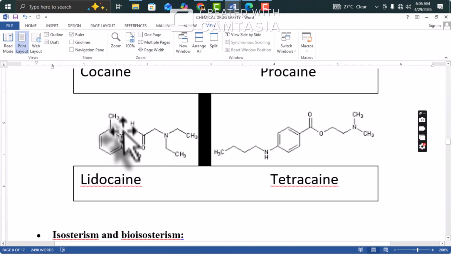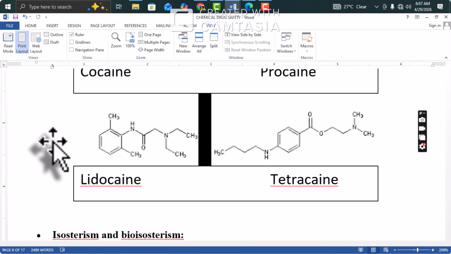This is the linkage. And this is the amino group here. This is lidocaine. Tetracaine. Here is the aromatic group. Here is the linkage. And here is the amino group. So they have very similar components. And so this set of components is what you call a pharmacophore.